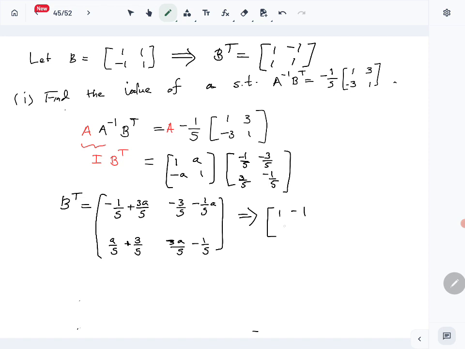So [1, -1; 1, 1] is equal to this matrix: (3a minus 1) over 5, minus a plus 3 over 5, a plus 3 over 5, (3a minus 1) over 5. So if two matrices are equal, each element is equal. So this element is equal to this element. This element is equal to the corresponding element on the other side, and so on.